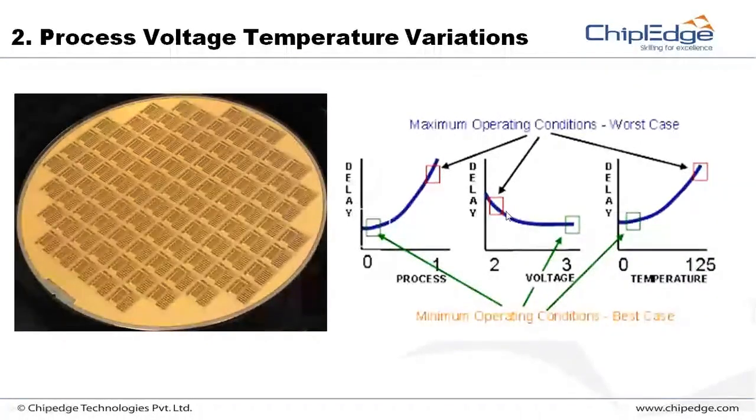Even because of voltage, if it is more voltage, delay will be less. If it is less voltage, delay will be more. With respect to temperature, the more the temperature, the more the delay. The less the temperature, the less the delay. So based on that also, we need to consider this while designing your circuitry.